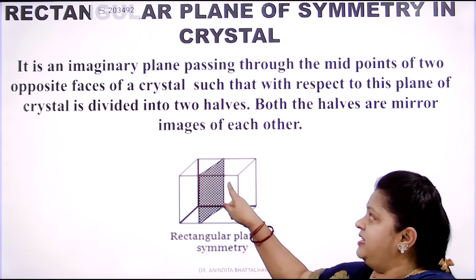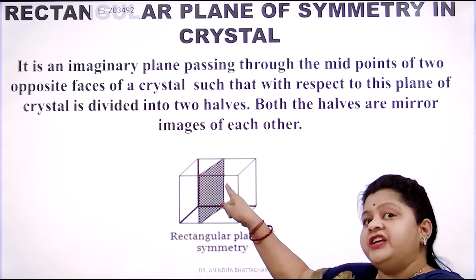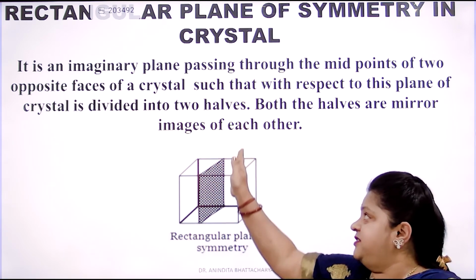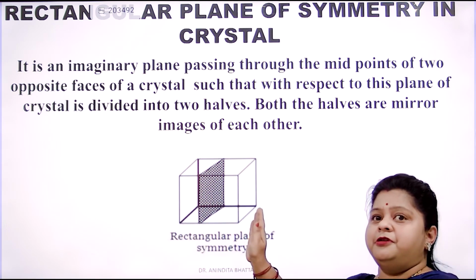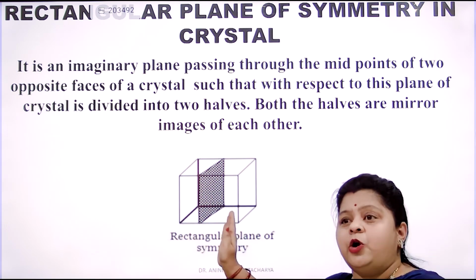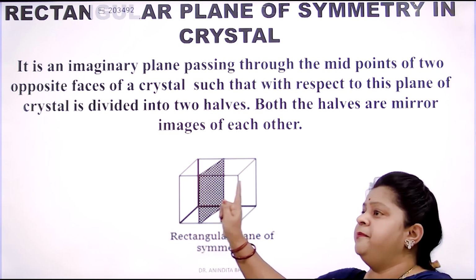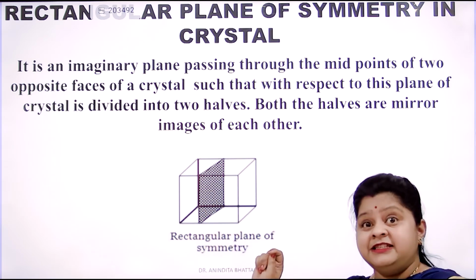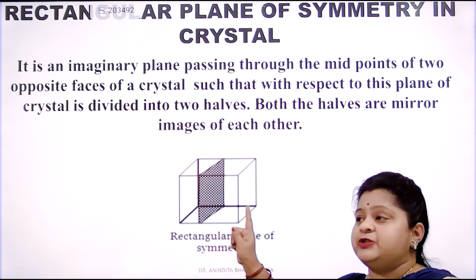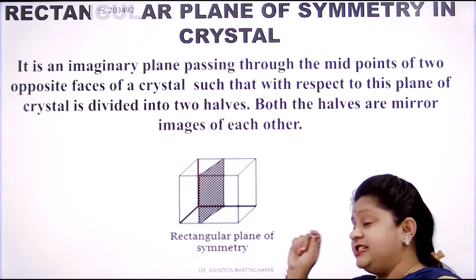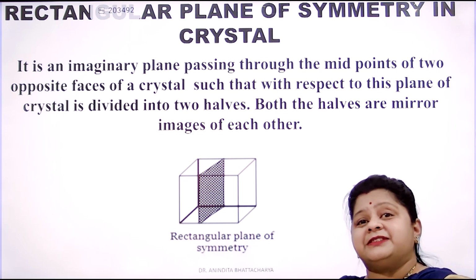See, this and this are the midpoints through which it passes, and it divides the crystal into this half and this half. If you look closely, these halves are mirror images and they are indistinguishable. This is what the rectangular plane of symmetry is.